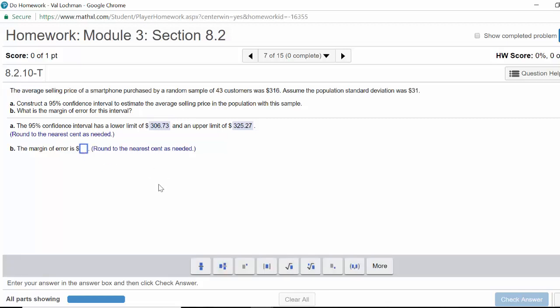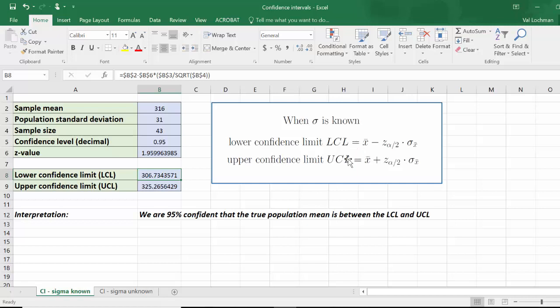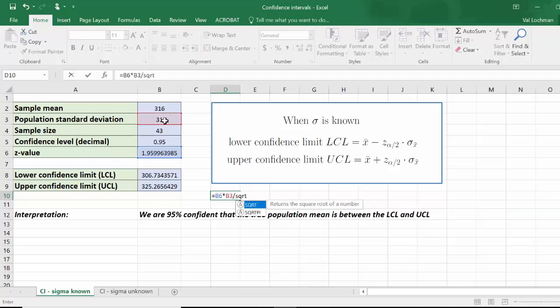So it's actually asking us to find what? So the margin of error would be the z value times the standard error. So you can compute it real quick. So what is this? So that would be this times the standard error, which is the population standard deviation, divide by the square root of, in my case, it's 43, right?